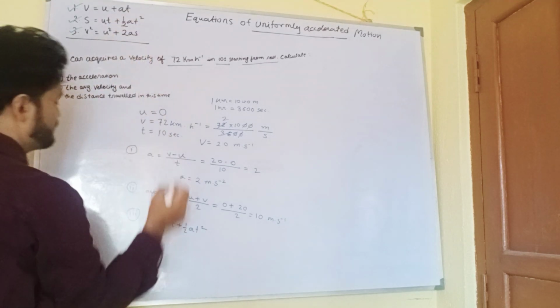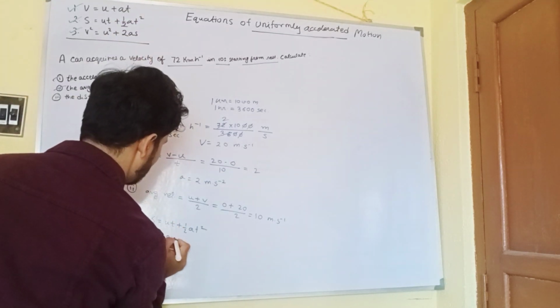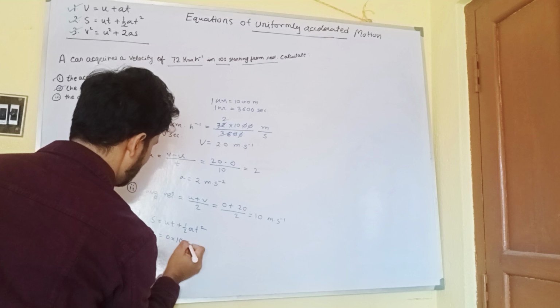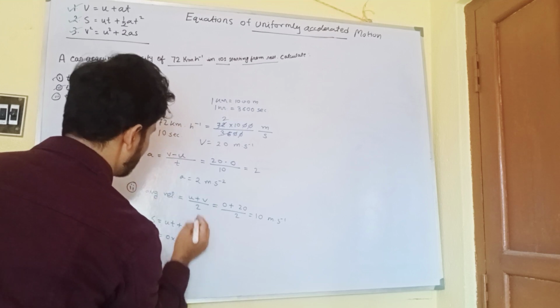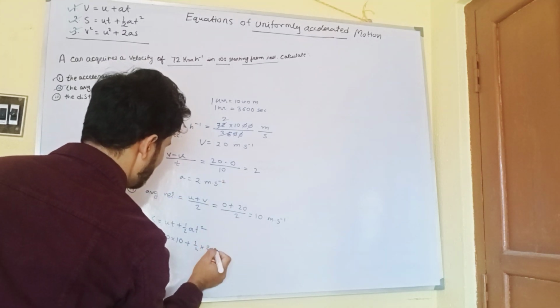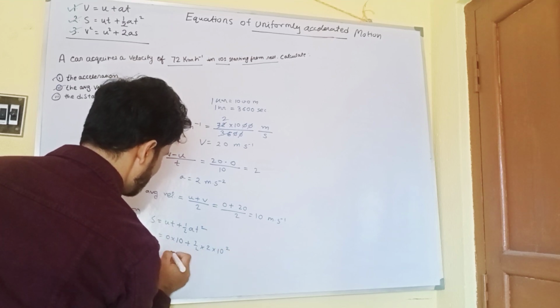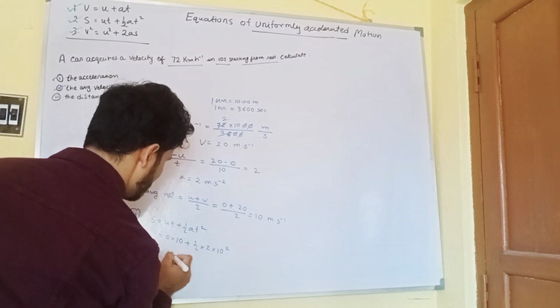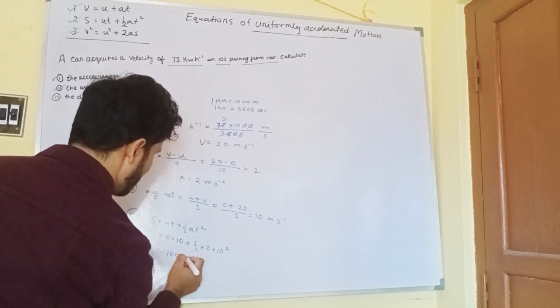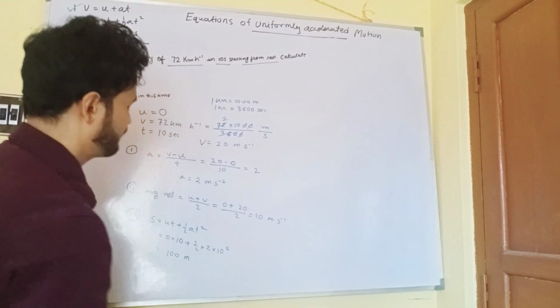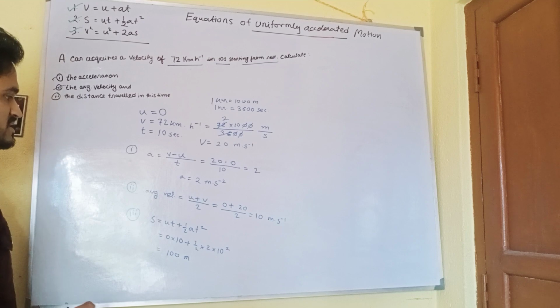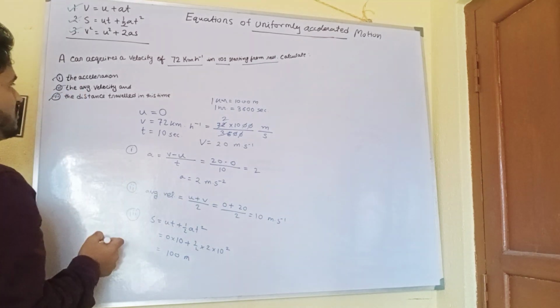Using the formula, u is 0, so that term becomes 0, then half into acceleration 2 into 10 square. The 2 cancels out, so it remains 100 meter. So our distance is 100 meter.